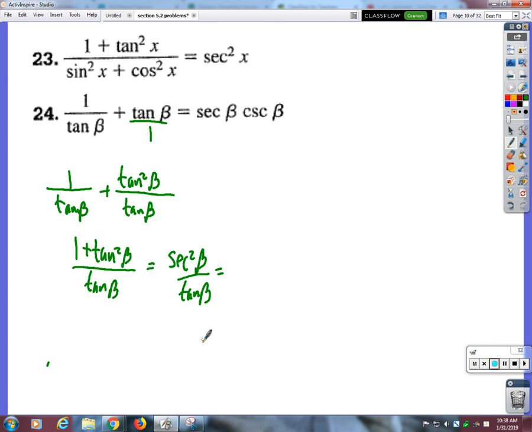Well, let's do all the sine cosine stuff. Right. So let's go 1 over cosine squared over sine over cosine. What do you do when you're dividing two fractions?